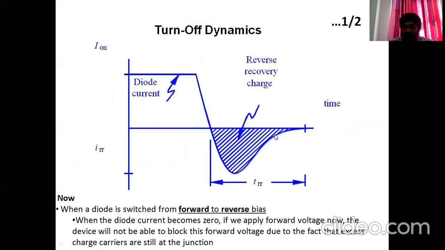So if this reverse recovery time is changed, the speed of the diode will change. So for high speed applications, the reverse recovery should be very fast. So all the minority charge carriers in the opposite direction must recombine very fast, so that the reverse recovery time becomes shorter, and for the next cycle of forward biasing, the diode should be ready.